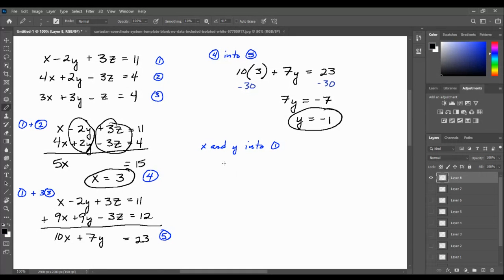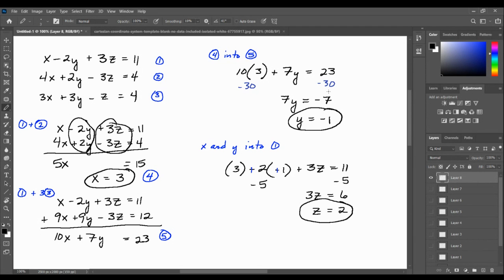So we've got x, which is 3, minus 2 times y, which is negative 1, plus 3z equals 11. So let's see, we've got minus a negative here, so that's going to be plus. 3 plus 2 is 5, so if I subtract 5 from both sides, I get 3z equals 6, so z equals 2, dividing both sides by 3.